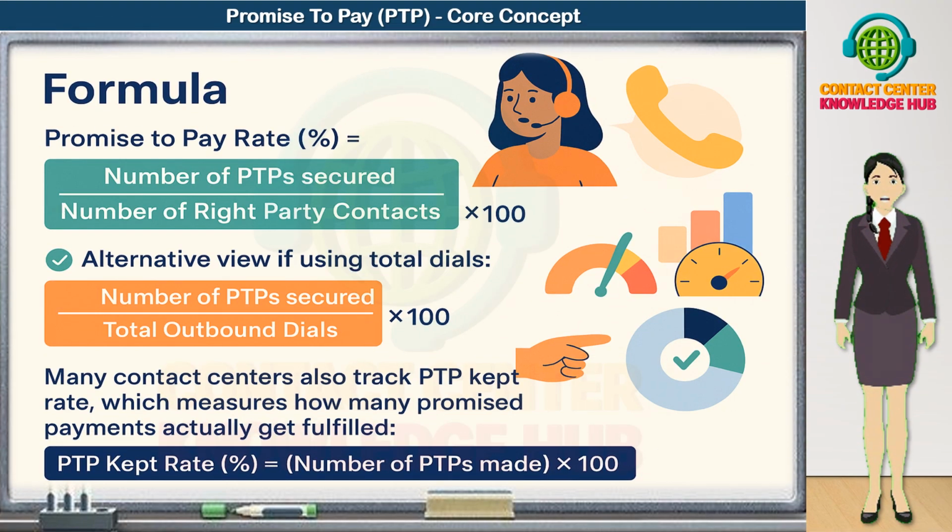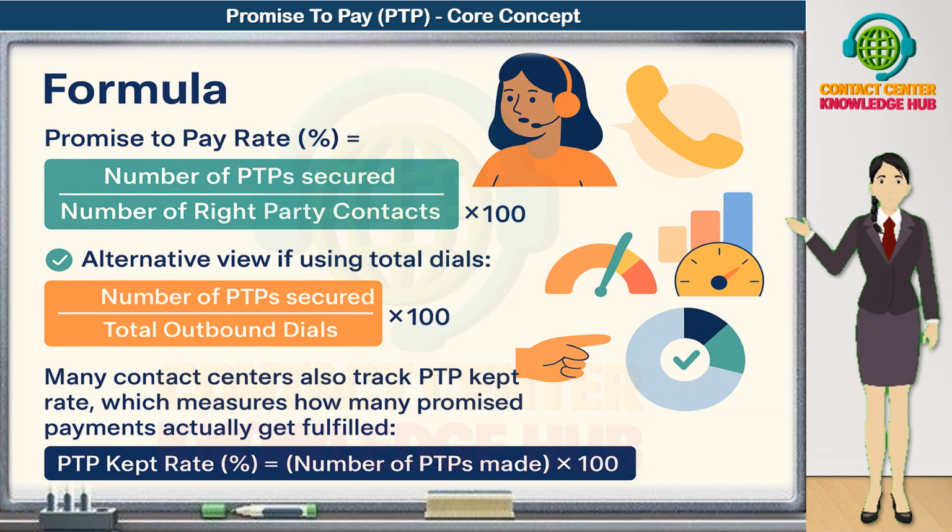Now, let's talk about the formula for calculating promise to pay rate, one of the most critical performance indicators in outbound collections. The standard calculation is promise to pay rate equals the number of PTPs secured divided by the number of right party contacts, multiplied by 100.